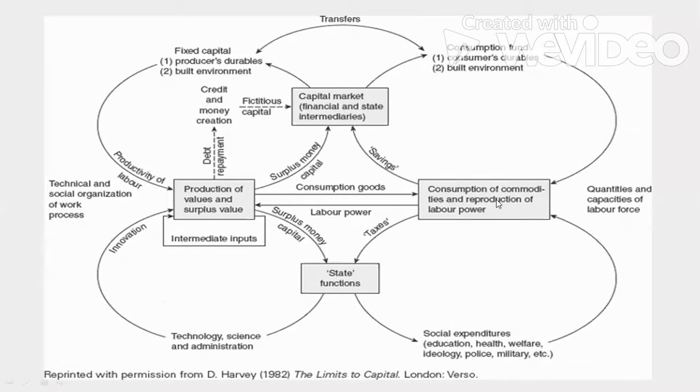A part of this consumption fund, this is the primary sector, comes out through taxes that we give, and then the government invests in the various social sectors.